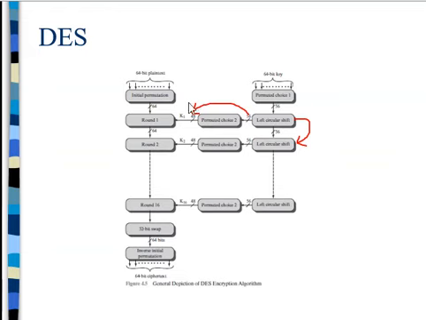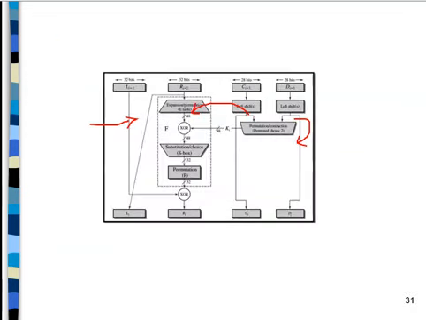In each round of the algorithm, we have permutation as well as substitution, which is really essential. Now let's take a more detailed look and explain what will happen in each step.